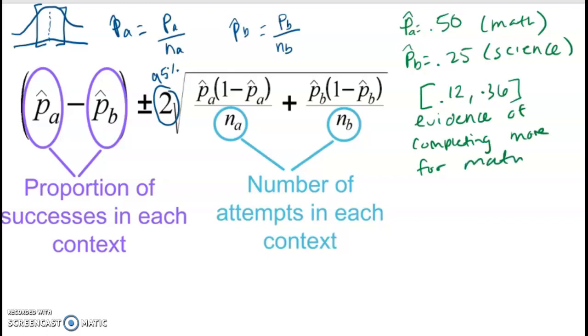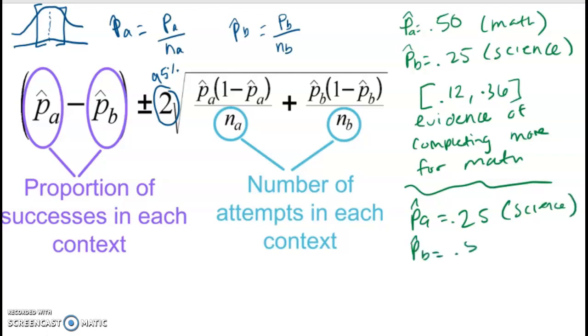However, if I said that p hat of A was science, which was less than math, and p hat of B, which is 0.5, which is bigger, then I might get a confidence interval that looks entirely negative. So like negative 0.41 to negative 0.07.